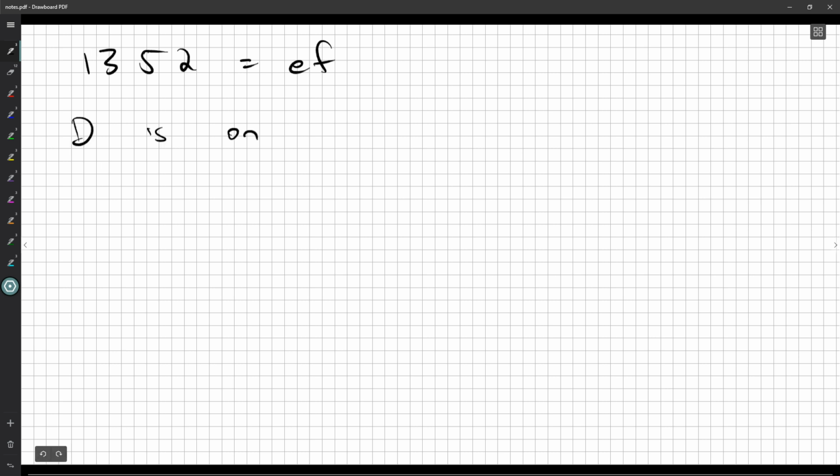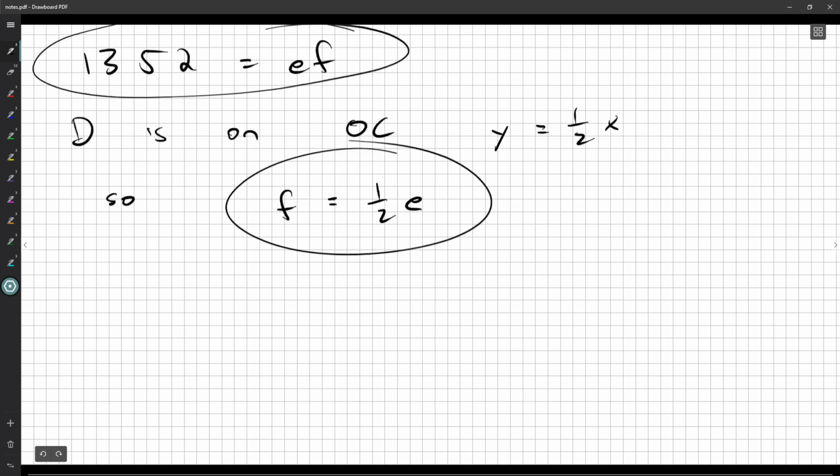Well, D is on OC, which has equation y equals 1/2 x. So F, the y-coordinate of D, must be 1/2 of E. So that gives me one equation, and pair it with this other equation, we see 1,352 is going to be E, and instead of a half, I write a half E. Sorry, instead of writing F, I write a half E. Now, if I multiply both sides by 2, I'll get a 4, a 0, carry the 1.